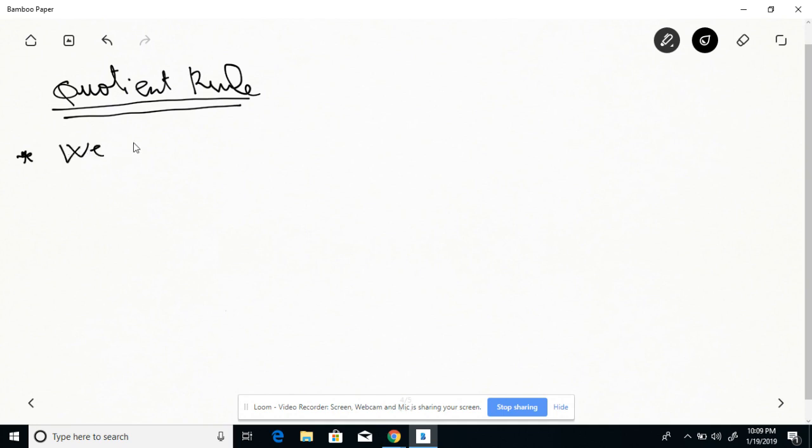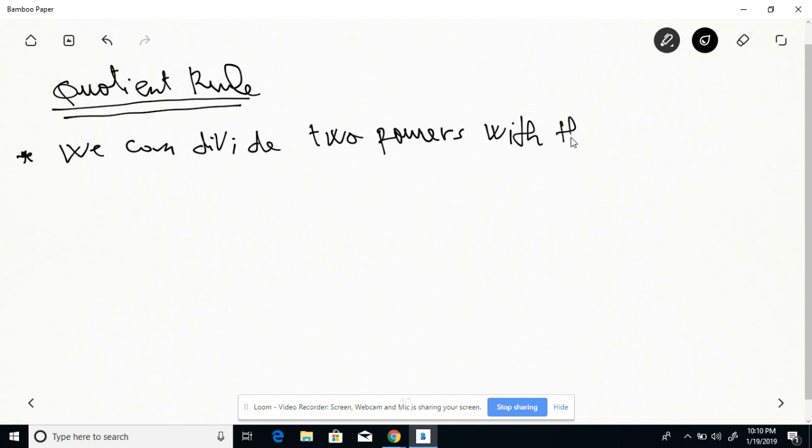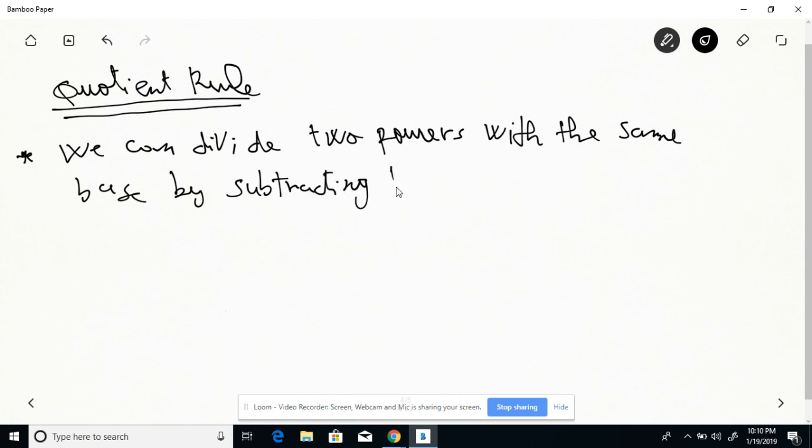This rule says we can divide two powers with the same base by subtracting the exponents.